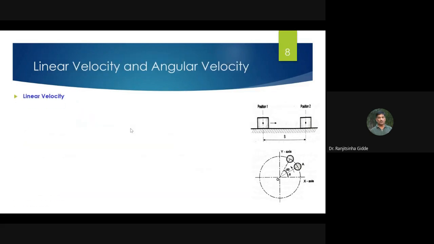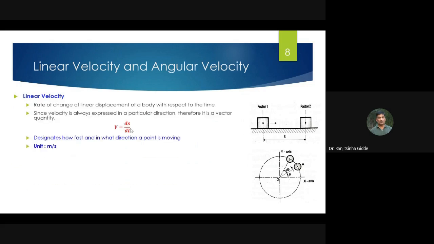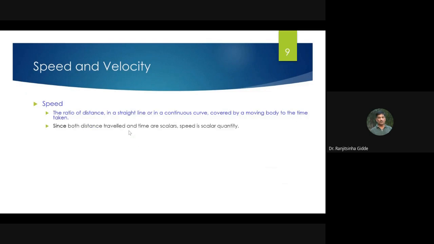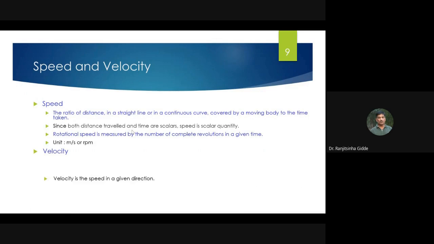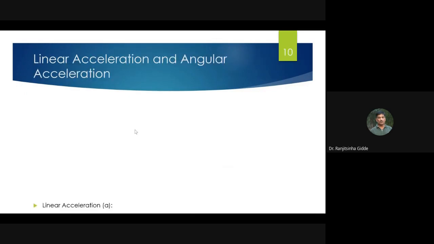Then linear velocity and angular velocity. Now next you can write linear acceleration and angular acceleration. So please write in your notebook.